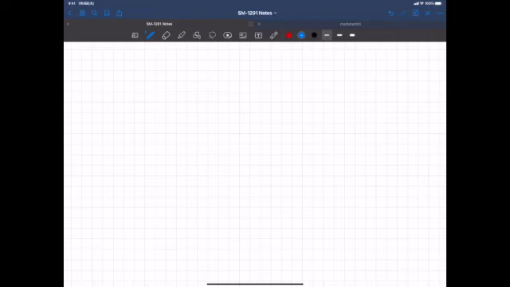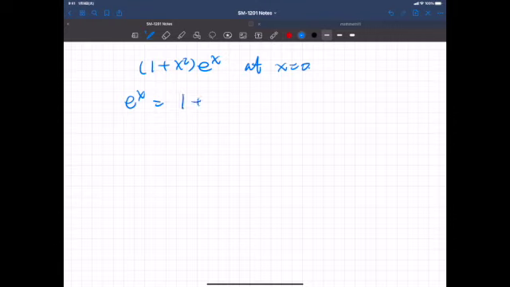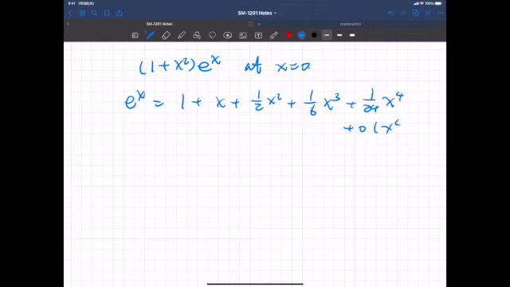Now let's see an example, and we try to find the fourth order asymptotic expansion of this function, x plus x squared times exponential of x, at x equal to 0. So we have this Maclaurin expansion of the exponential function: e^x is 1 plus x plus 1/2 x squared plus 1/6 x cubed plus 1/24 x to the power of 4 plus little o(x^4). Let's see. We take the first three terms, x plus x squared, and multiply both sides by x squared, and we have x squared, x cubed, 1/2 x to the power of 4.